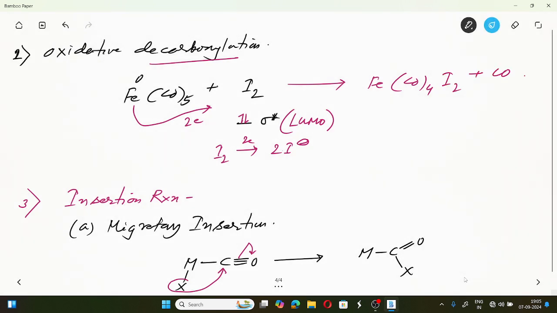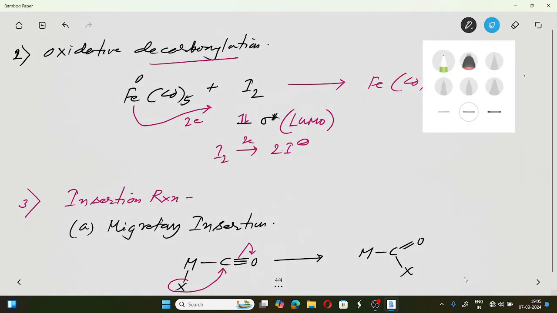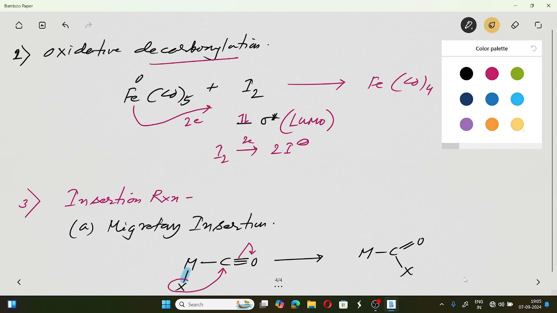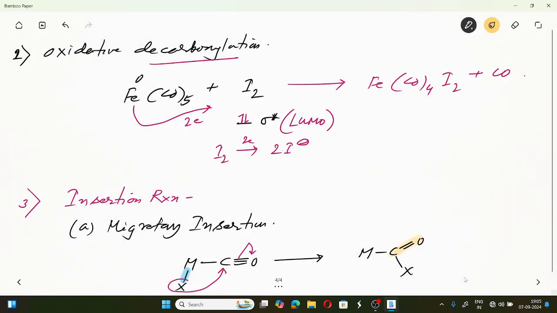If you look closely, initially there was a metal-ligand bond, this ligand X. Initially there is a bond here, isn't it? And now you see this CO group is inserted between the M-X bond, as if the CO group has gone inside the M-X bond.